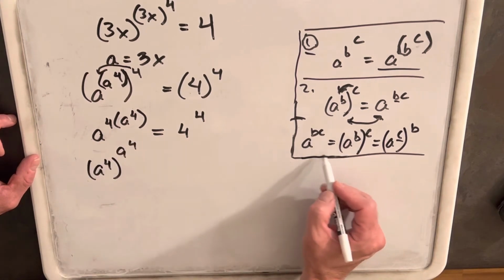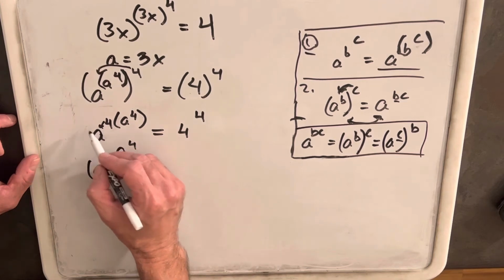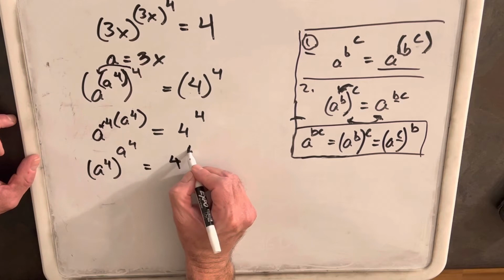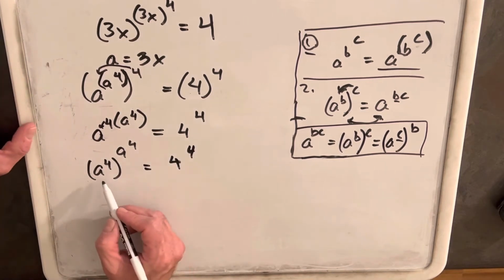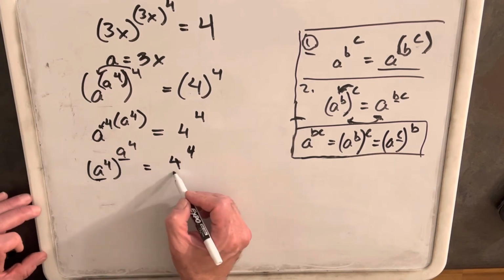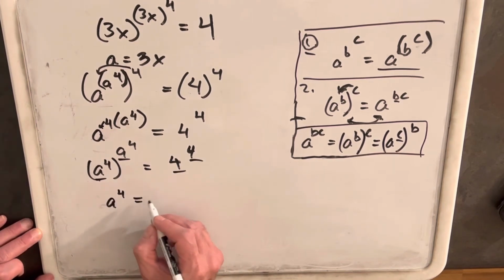Just doing this part in reverse, we can bring that exponent down into the parentheses and write it like this. But now we have a situation where the base and exponent are the same, so we can then say that a to the 4th equals 4.